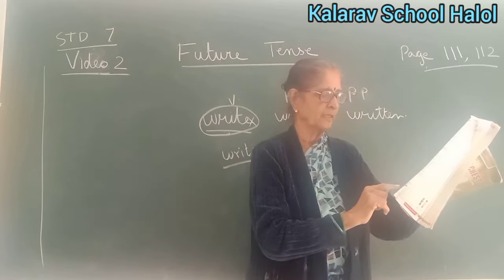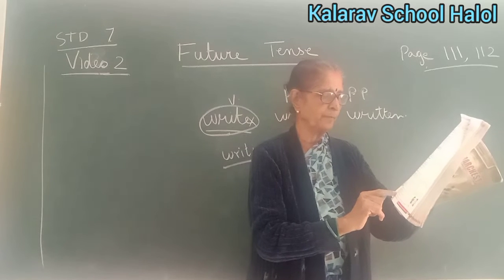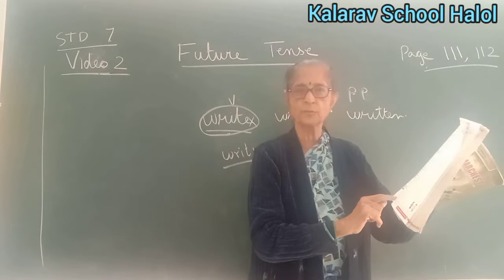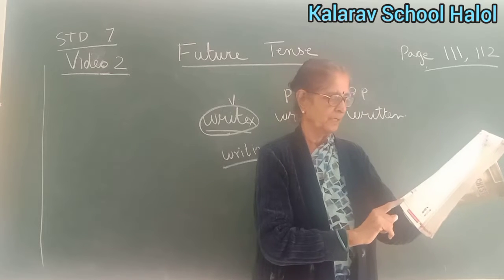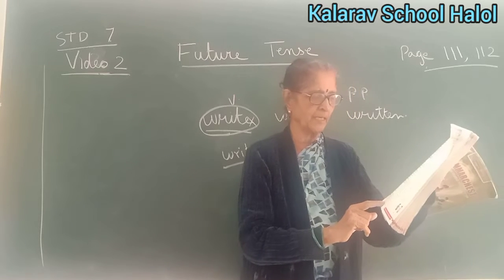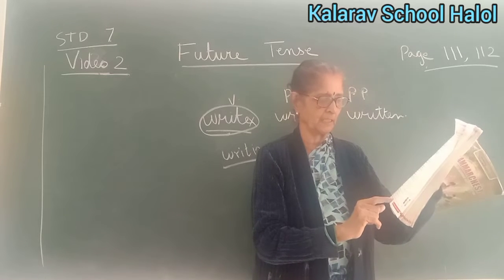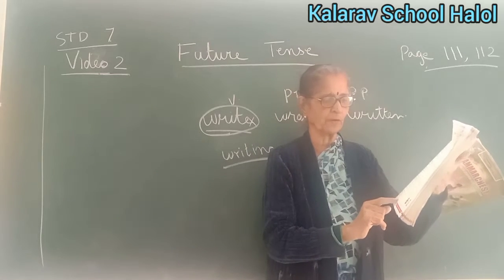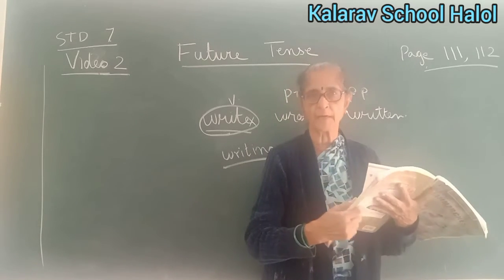The future perfect: I will have given. This Tuesday will be a holiday. This Tuesday is going to be a holiday. Future perfect continuous: Meena will be sitting in meditation for 2 hours. Meena will have been sitting in meditation for 2 hours. These tenses you have to learn by heart.